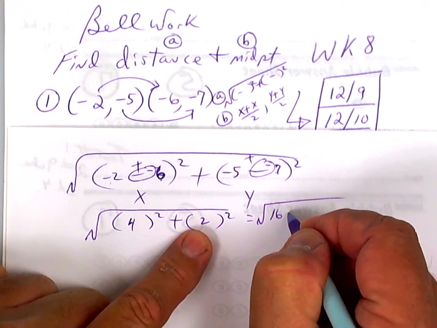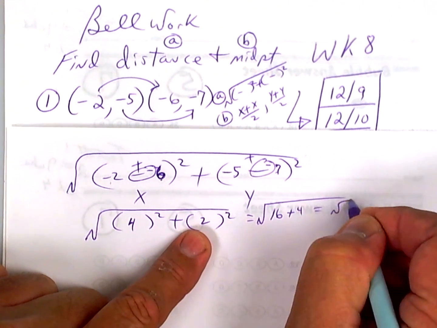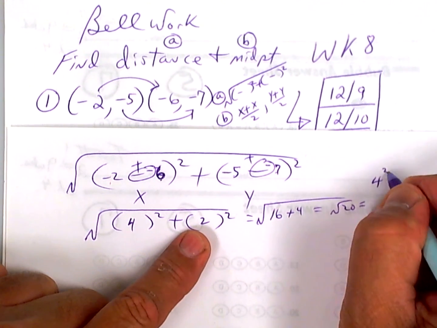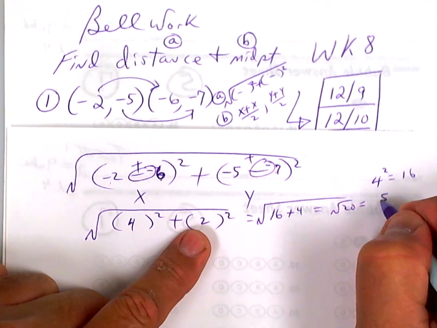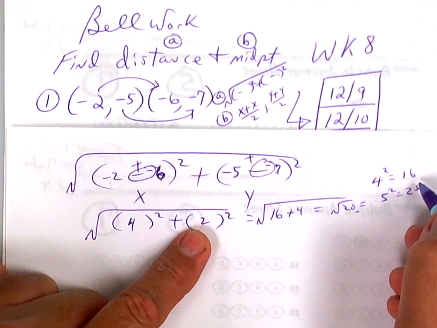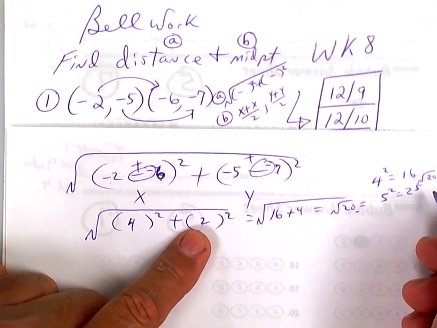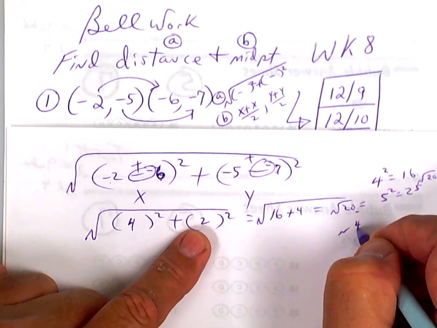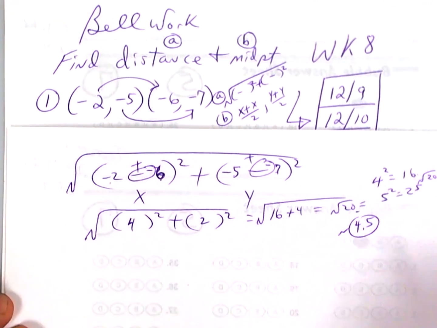So you get the square root of 20, and whatever that is, 4 times 4 is 16. 4 squared is 16, 5 squared is 25. This one's in between both of these, so the square root of 20 is in between about halfway. So I'm going to say approximately 4.5, but you can verify it on your calculator.